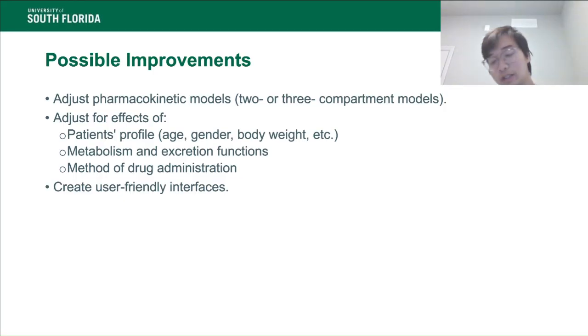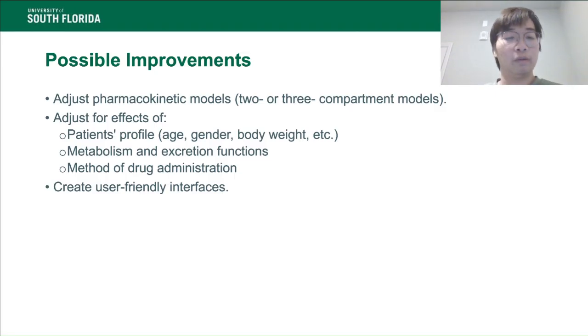And so, of course, this is just a prototype, and some possible improvements that I can make after this project, if possible, are to test out other pharmacokinetic models, to limit the assumptions, and to adjust for patients on a case by case basis.